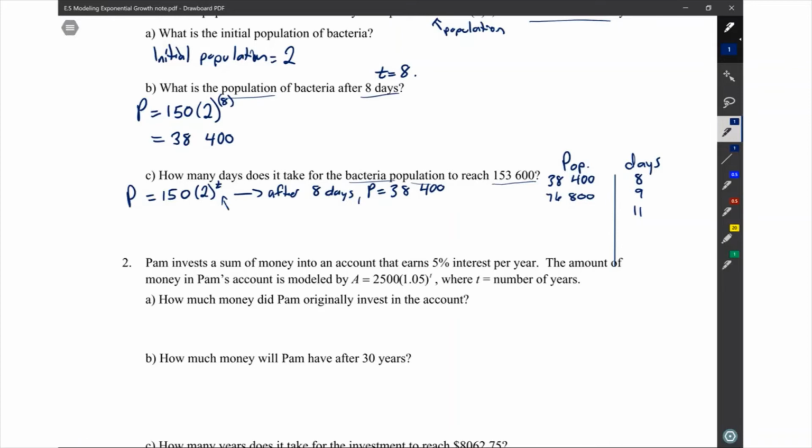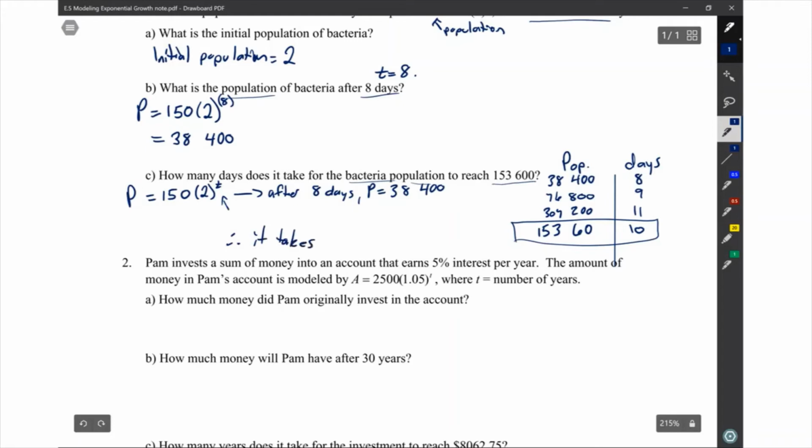Put that into my calculator, and I get 307,200. So I've gone too far. We'll try in the middle and see what number it would have given us. That's 153,600. Perfect. So that's the number we're looking for. Therefore, it takes 10 days to reach this population.